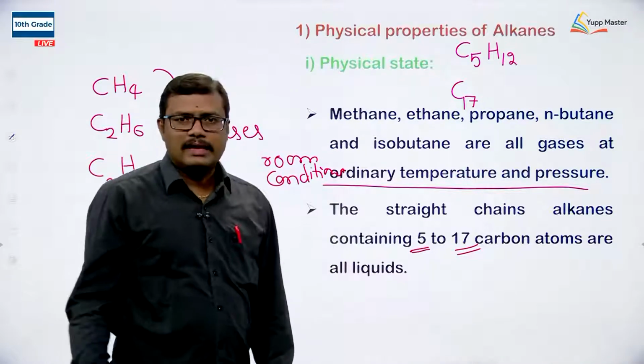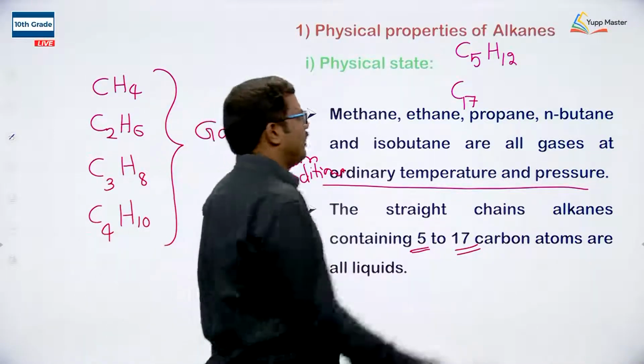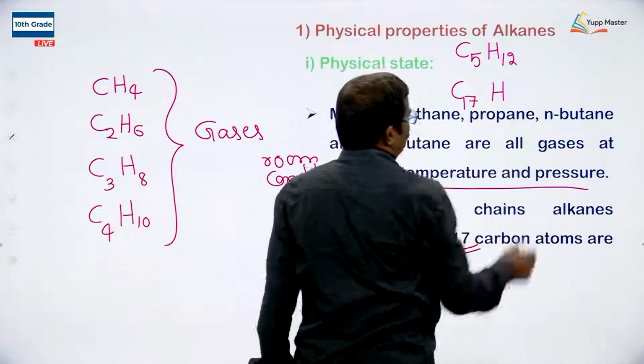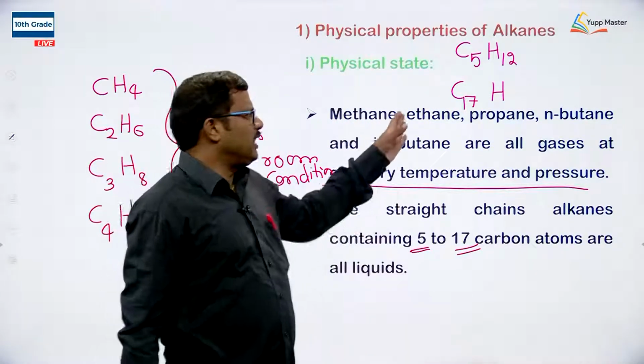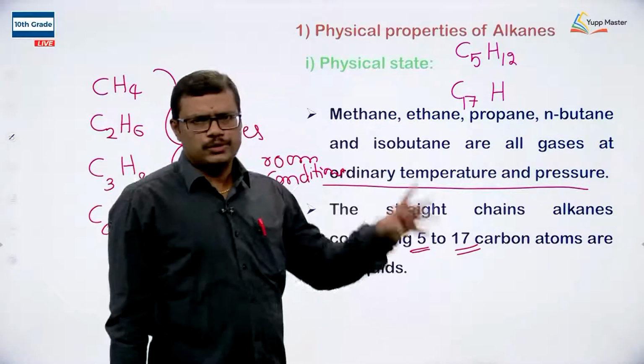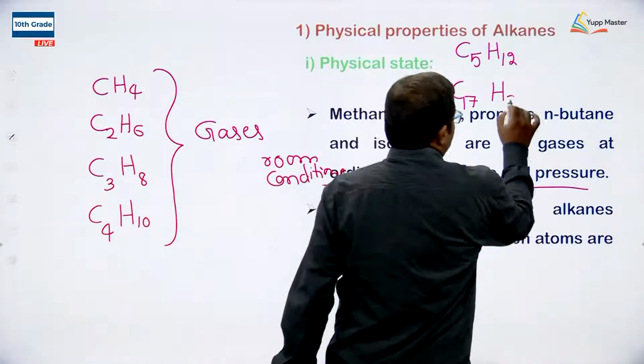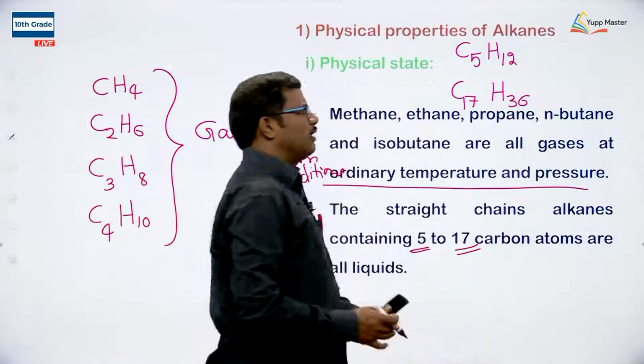If I write an alkane having 17 carbon atoms, what will be the hydrogen value? 2n plus 2. 17 twos are 34, 34 plus 2, 36. So, 36 hydrogens are possible.